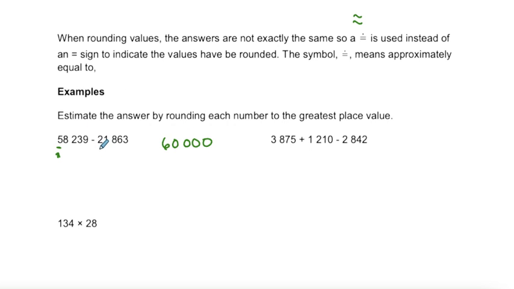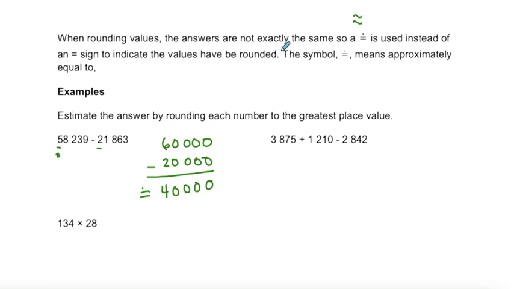My second number, also in the 10,000 place, the number to the right of that is a 1, less than 5, so I keep that as a 2. So it's 20,000, and I'm subtracting these two. I can write my zeros, and 6 take away 2 is 4, so it's approximately 40,000.